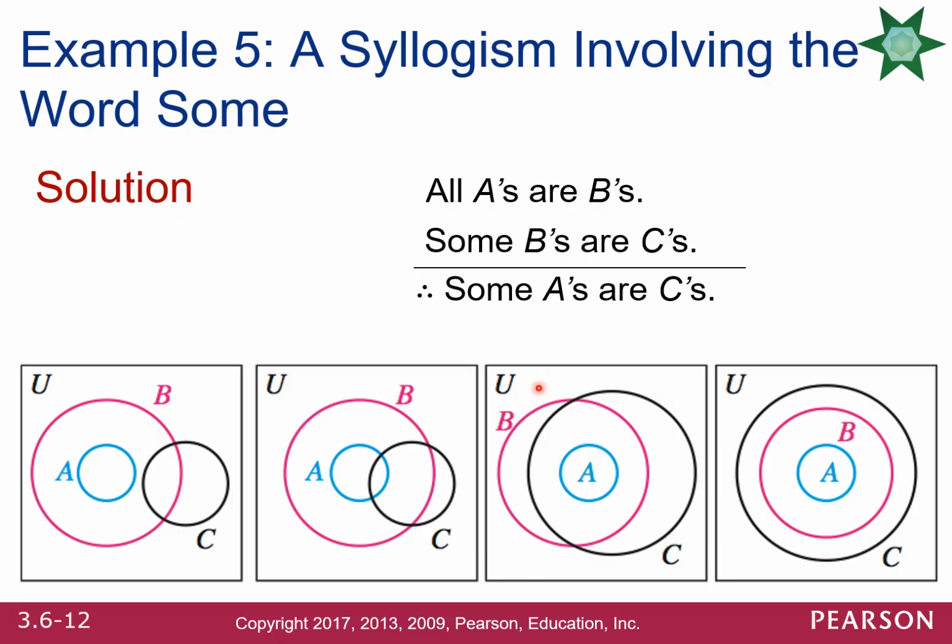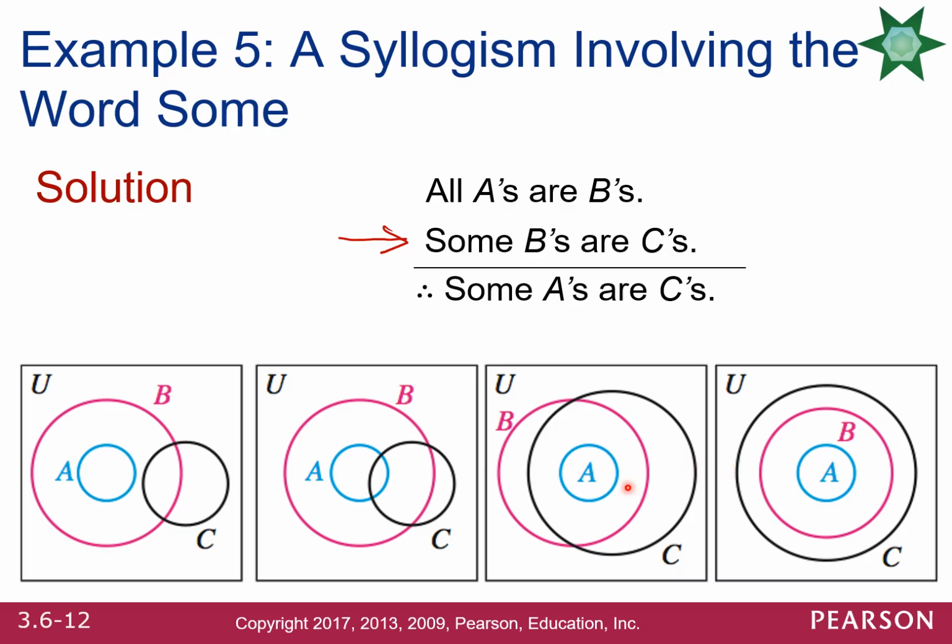Now in this slide, we are going to come up with Euler diagrams for the second premise, and as we see over here, we have 4 different diagrams. That means there are 4 different ways we can represent the same premise. We're going to walk through these diagrams and try to understand how they represent some B's are C's in different possible ways.